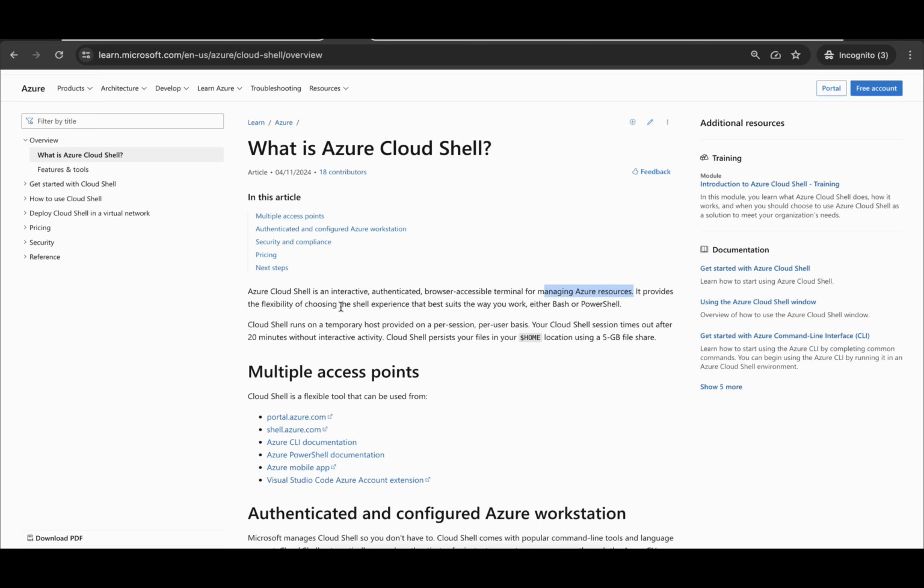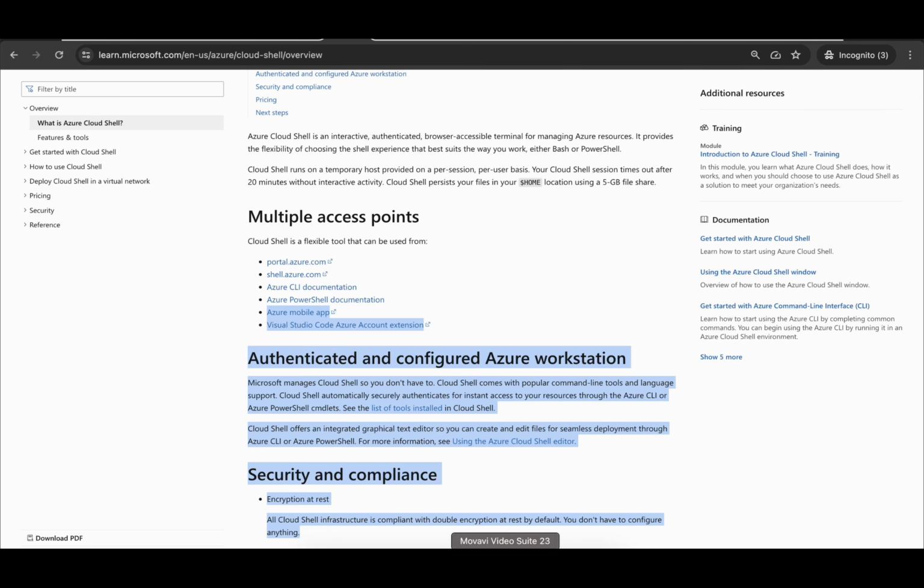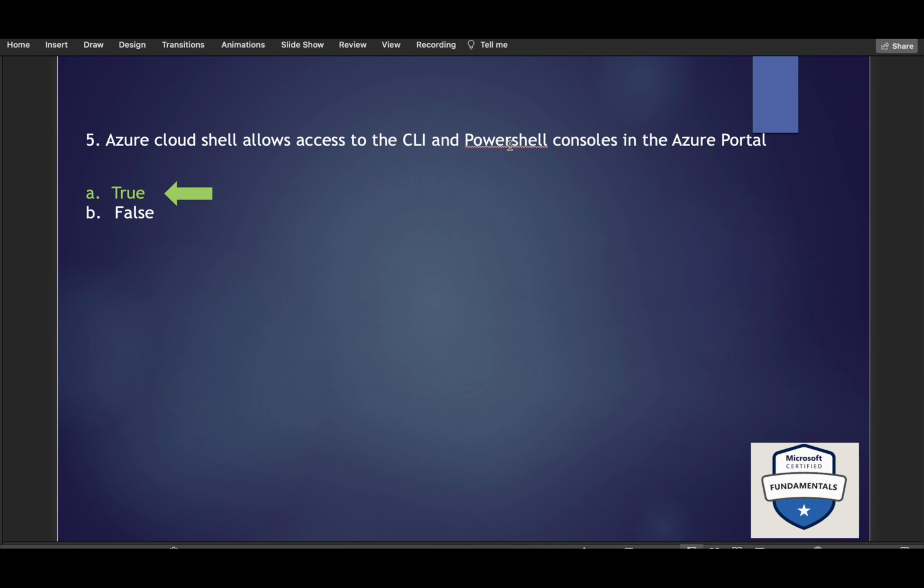It provides the flexibility of choosing the shell experience that best suits the way you work, either Bash or PowerShell. And there are multiple access points. So if you see, CLI is one, PowerShell is another one, right? So yeah, these both are available. So the answer is true.